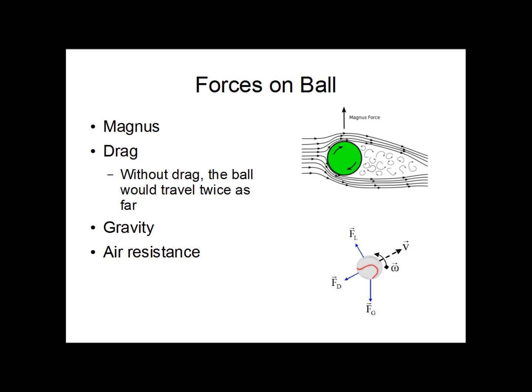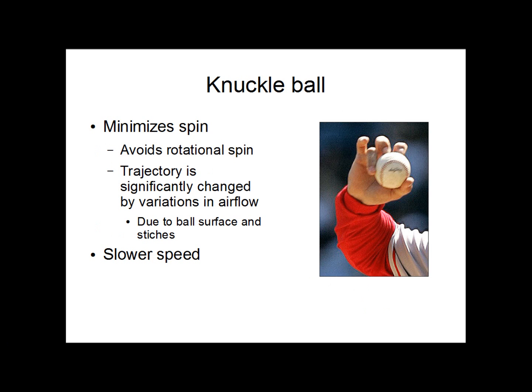If it has topspin, like in tennis, it'll have a downward force on it. Drag is also a major impact on the ball speed. Without drag, the ball would travel about twice as far. There's also gravity and air resistance, and those are pretty self-explanatory, and they're all shown on the diagram at the bottom right.